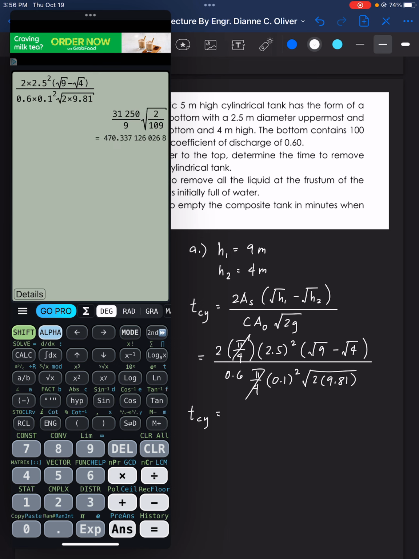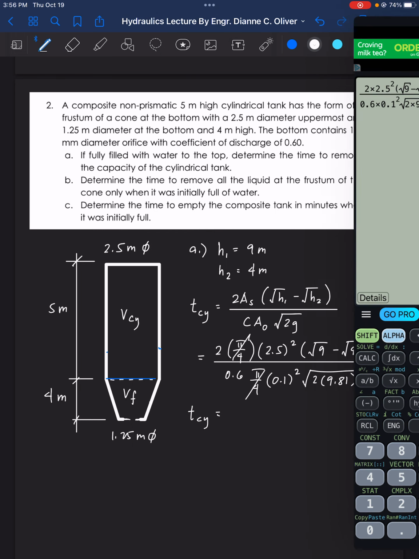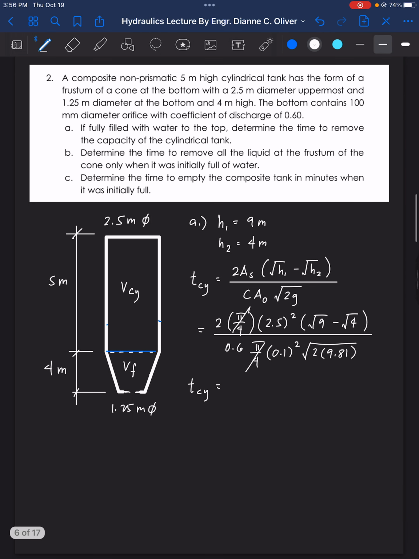So 470.34 seconds. So that is the answer for letter A.